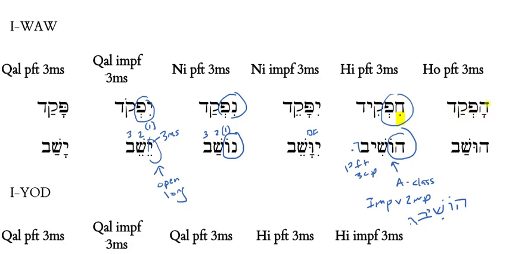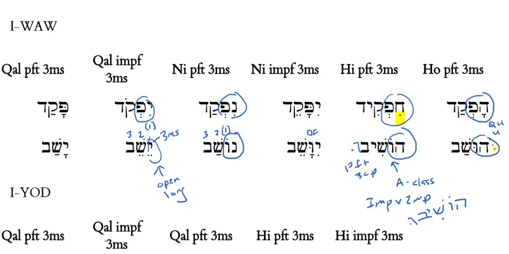Now for the hofal, I have hofkad. Hofkad is my passive counterpart for hifkid. Okay, so the hofal has a closed syllable, and that's a kametz katuf, which is a short U-class vowel, right? Look at what I have with yashav, which is a one-vav verb. It's hushav, hushav.